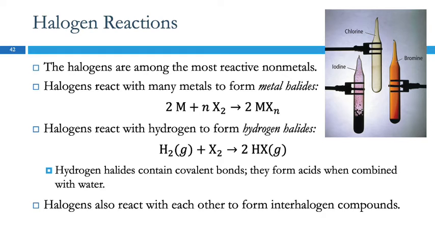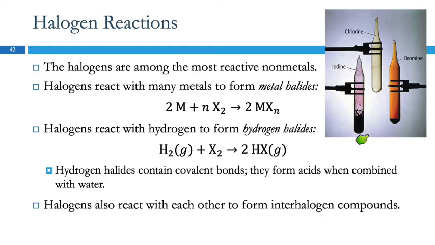Write the formula, and then balance the equation. Halogens can also react with hydrogen. When they react with hydrogen, they make hydrogen halides. These are basically binary gases that haven't been dissolved in water yet. You can also get reactions between halogens, but we're not going to talk about those.